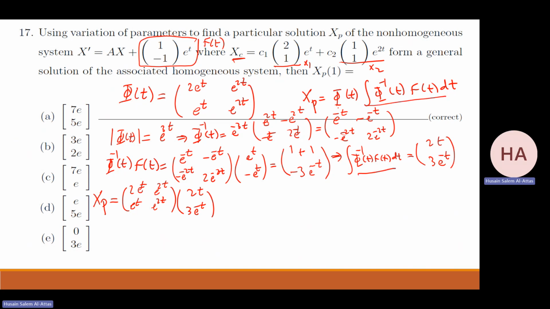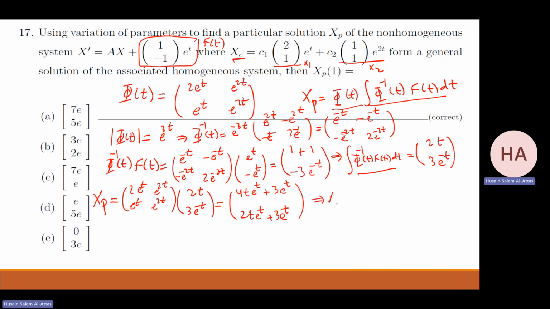So this is what I get here, times phi. And I need to find it at 1. You can do it: 4t et plus 3et, and this one 2t et plus 3et.